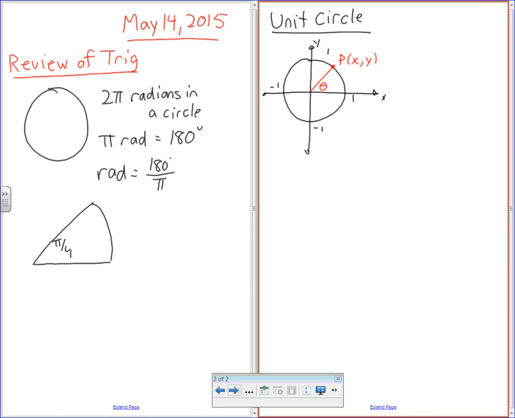Theta is going to be something like that. Theta, 0 radians or 0 degrees, is measured from the positive x-axis, and it rotates around the circle like this. I'm going to do a quick little zoom in.